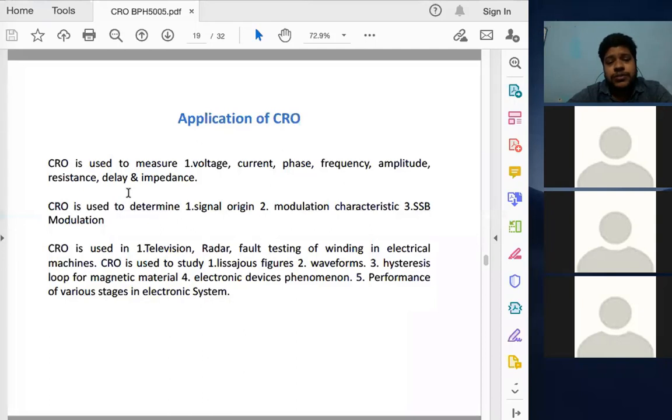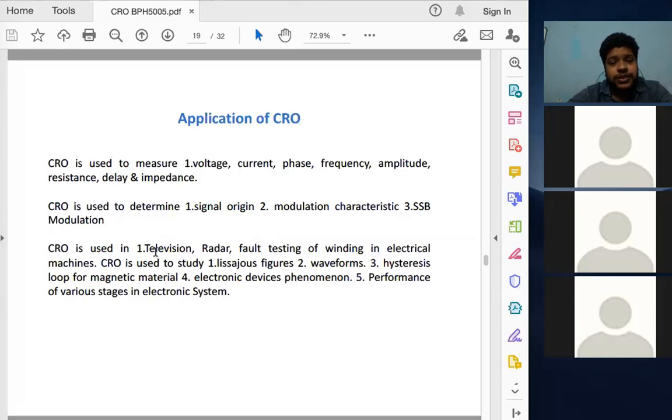CRO is used to determine signal origin, modulation characteristics, SSB modulation. These are different things you will get to know more about later, but these are the things which can be measured with CRO.